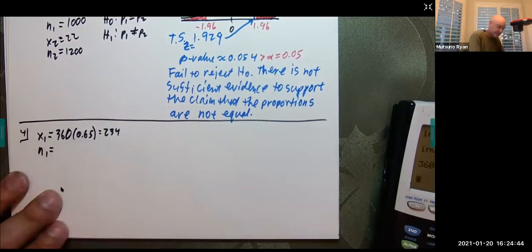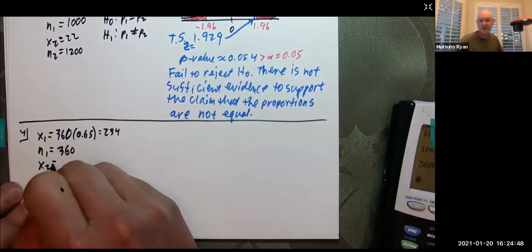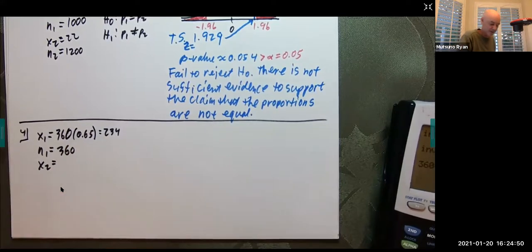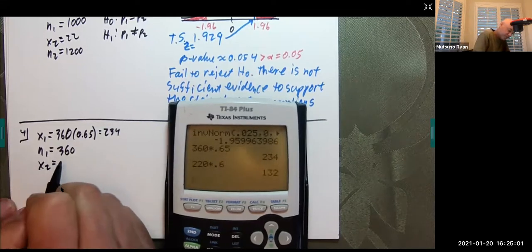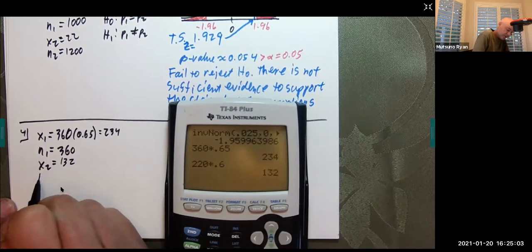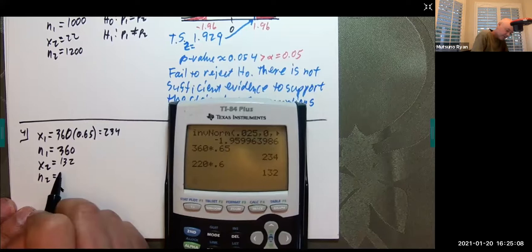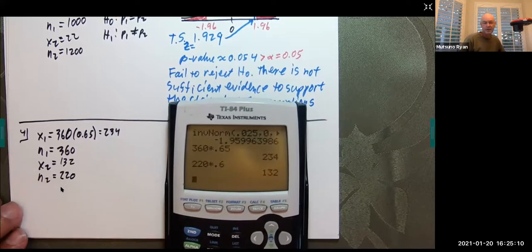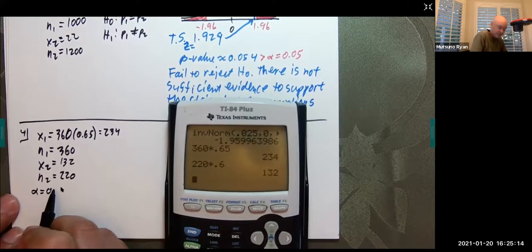N sub 1 is the 360. X sub 2, I'm going to have to do the same thing. Of the 220, it says 60% favored stricter gun control laws. So that's 132. And N sub 2 is 220. They give us an alpha of 0.05.